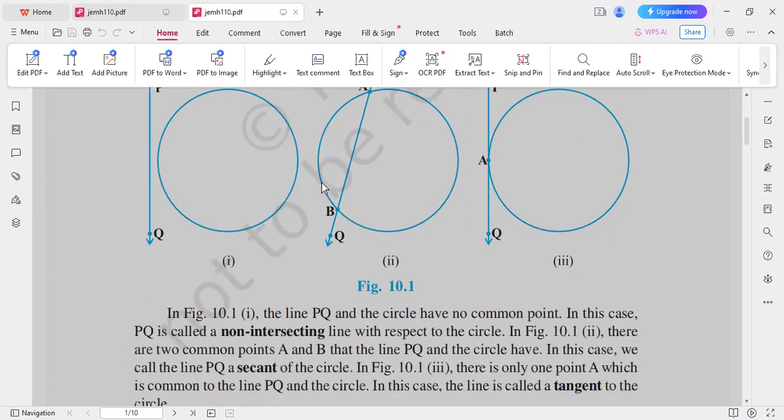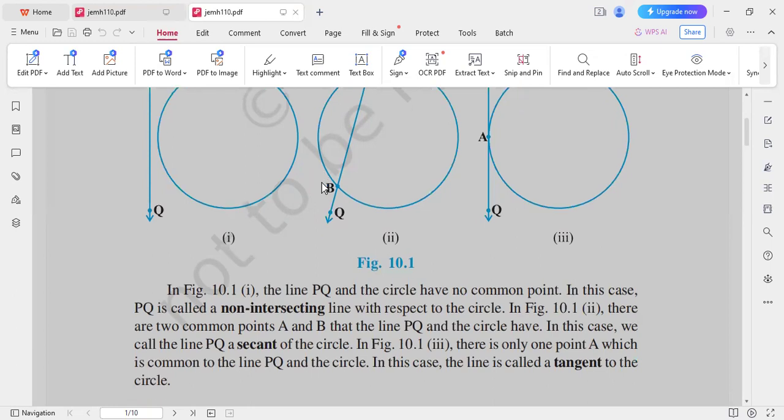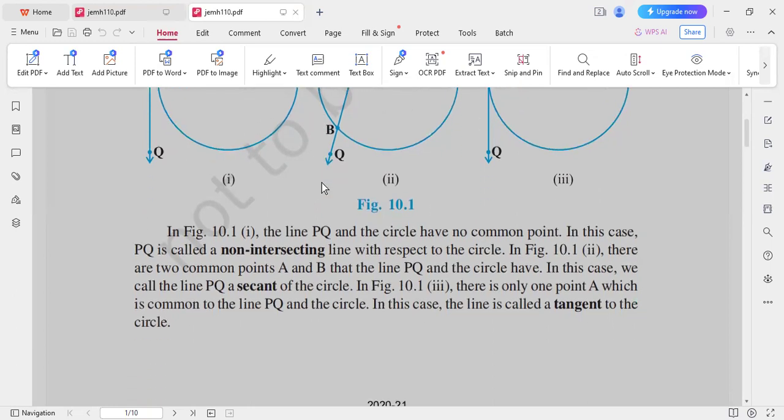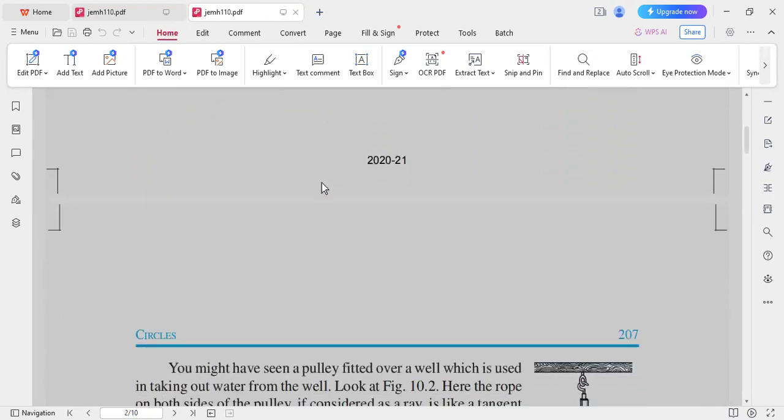In the other case, there are two common points A and B that the line PQ and the circle have. In this case, we call this a secant, and the third one, where the line touches the circle at only 1 point, is called a tangent. Clear? That is what we have discussed just now.